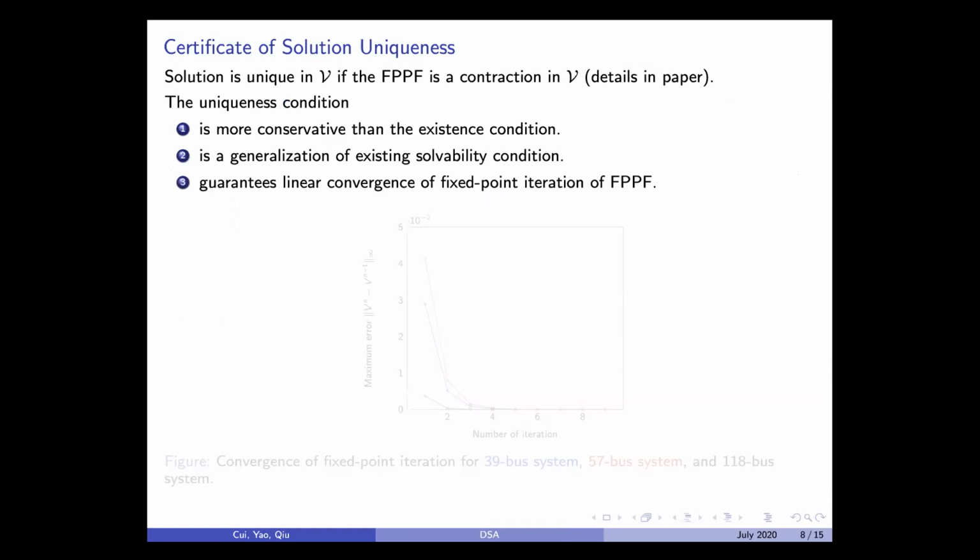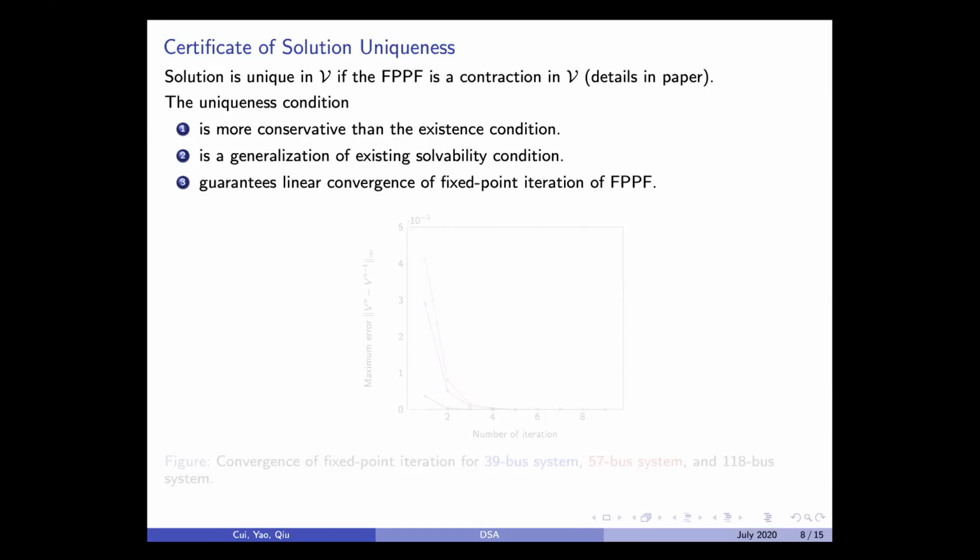But it's worth noting here that the uniqueness condition is more conservative than the existing condition, which makes intuitive sense because it's a stronger condition. And what's interesting to note is that this uniqueness condition is a generalization of existing solubility conditions we found in the literature, even though the fixed point form that we cast is different.